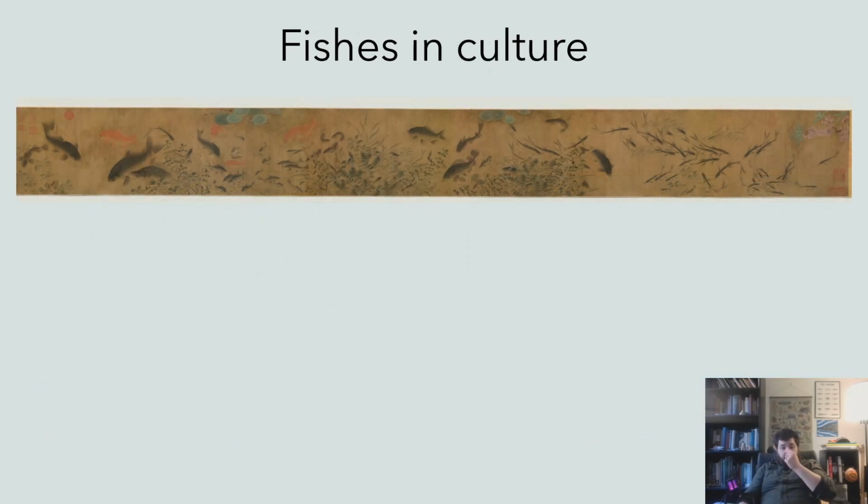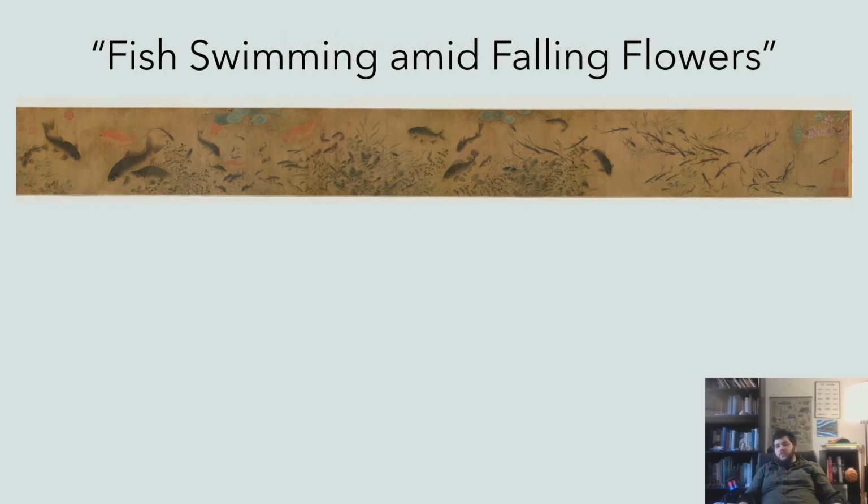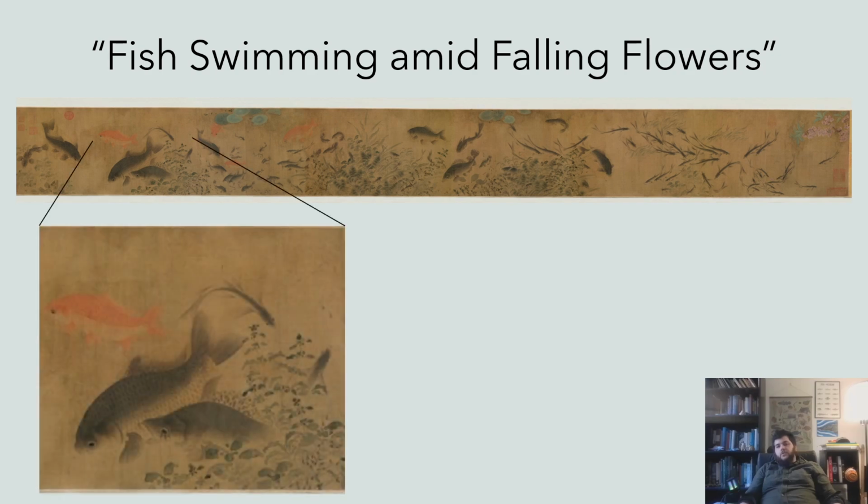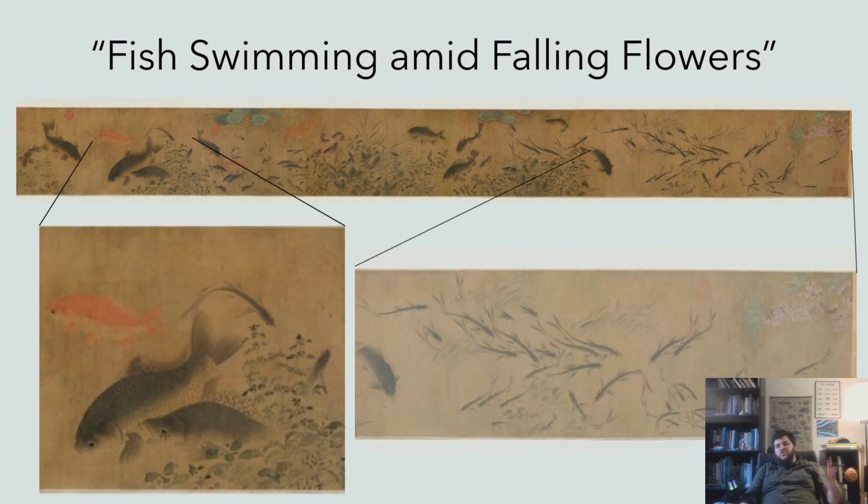And I bring this piece of art up a lot. This is fishes swimming amid falling flowers. It is an over 1,000-year-old piece of art that is done to basically represent the beauty of fishes, right? And I love this piece not only because it is extraordinarily well done, but because it shows us how long fishes have been part of our culture, right?